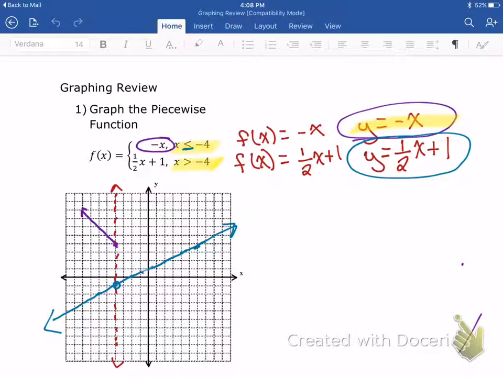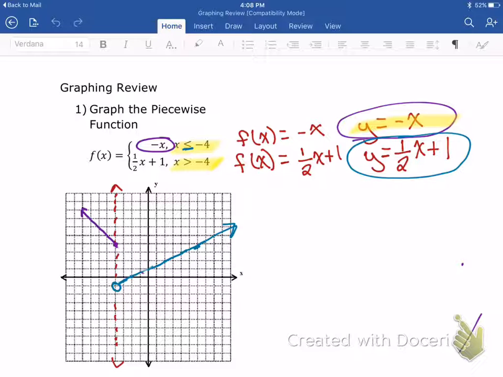Now I'm going to erase some of that and then redraw it again. My blue line right here, I am erasing that because that is when x is less than negative 4. So here we're back. I'm doing a circle right here. And so there we've got our second function. Now we've got our red.